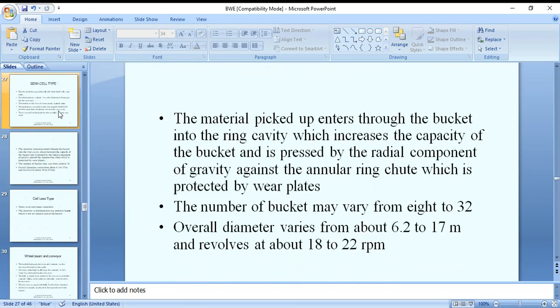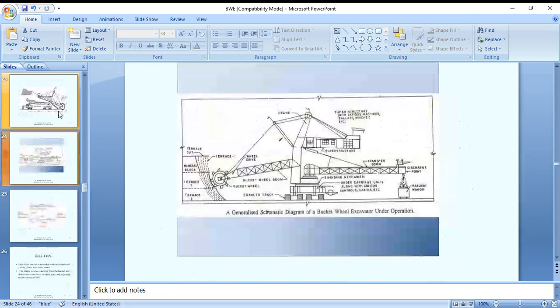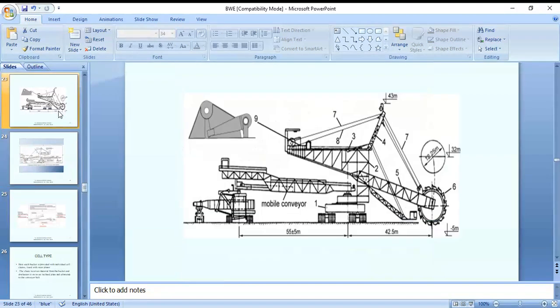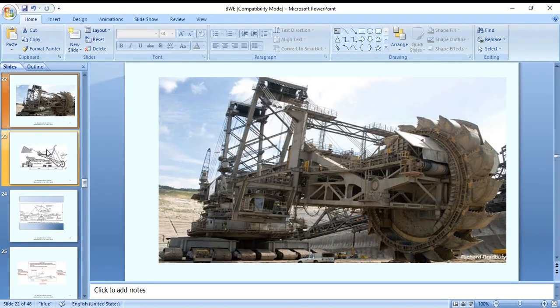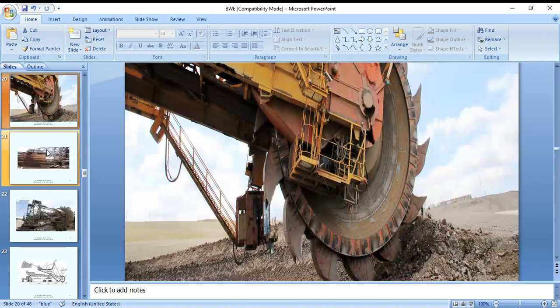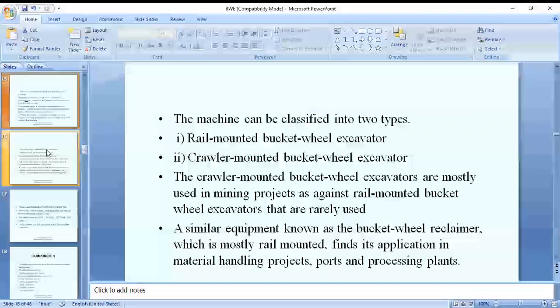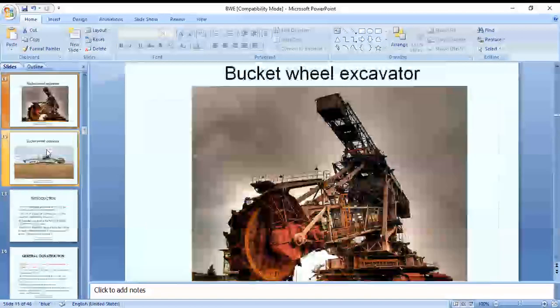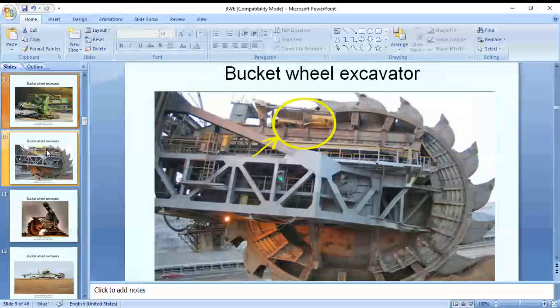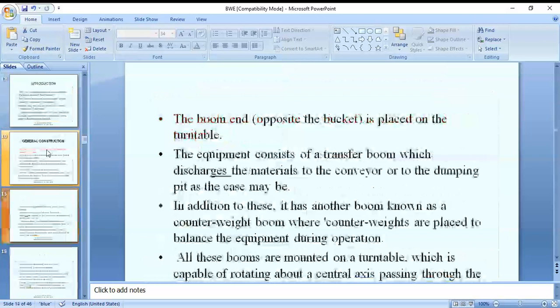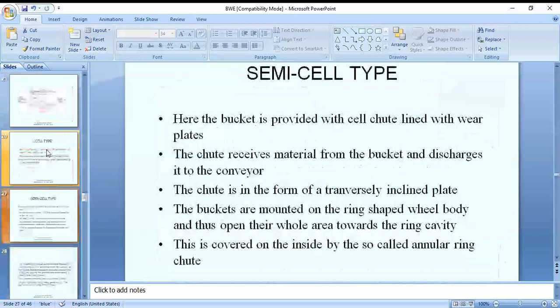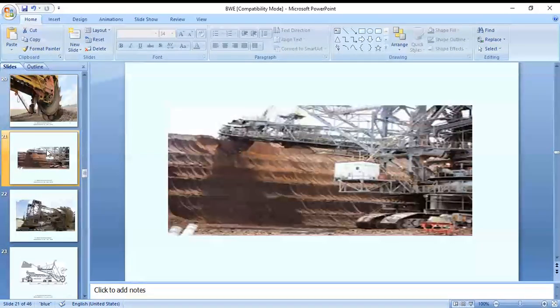See that here, you can easily understand the movement of the buckets. Let us see one example here.